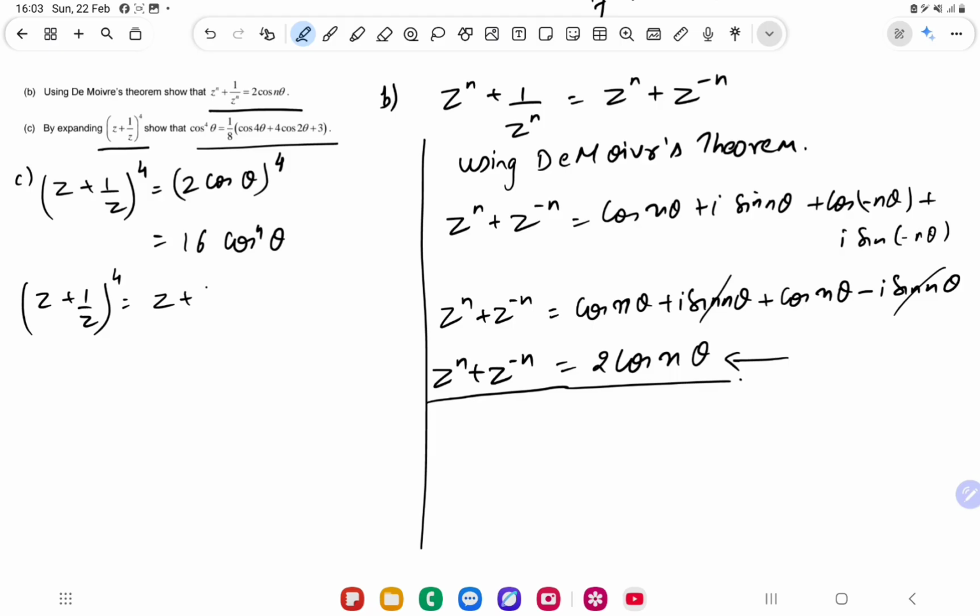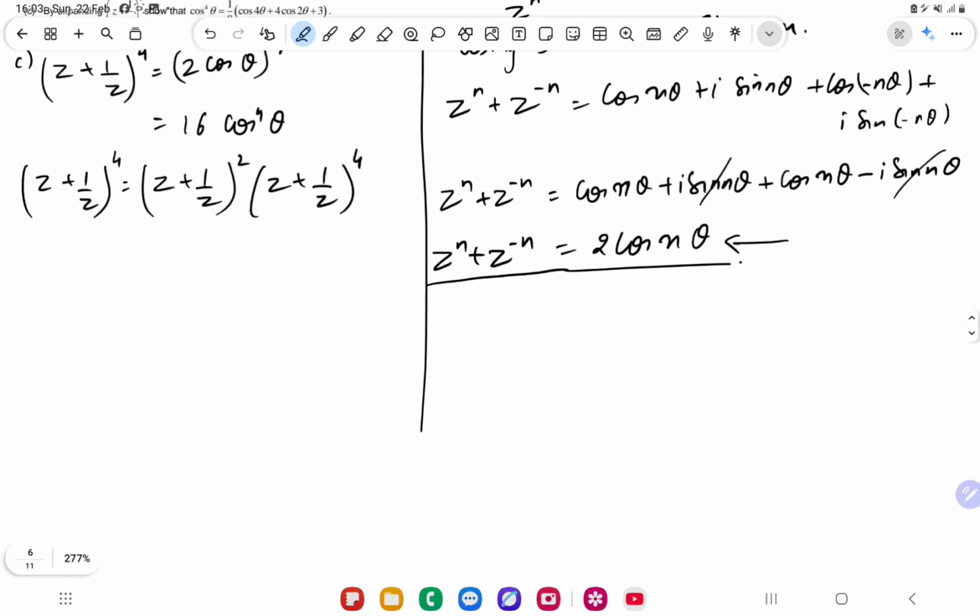or if you don't want to use that, you can write it like this and then further solve it. So on further expansion, it should be z to the power 4 plus 1 upon z to the power 4, plus 4 times z square plus 1 upon z square, plus 6.